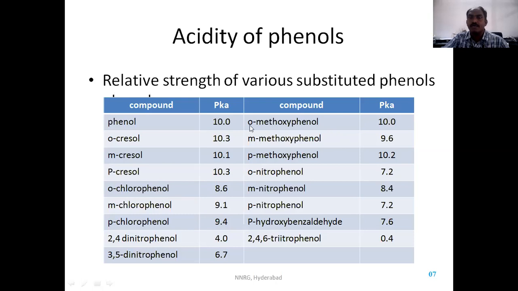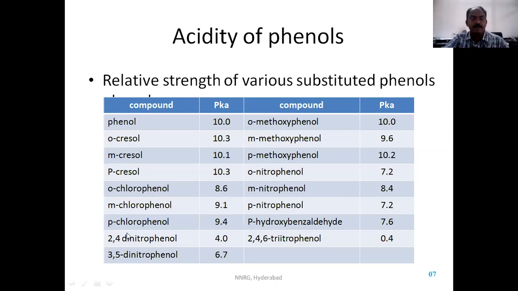Coming to the methoxy group, it is an electron donating group, with approximately the same pK, 10.3 or 10.2. Acidity decreases compared to phenol. In nitrophenol, the acidity increases because it is an electron withdrawing group. So it is 7.2 compared to phenol's 10. For parahydroxybenzaldehyde, the pK is 7.6. But when you go for disubstitution or trisubstitution, the acidity drastically increases. Compared to phenol 10, 2,4-dinitrophenol is 4, and 3,5-dinitrophenol is 6.7.